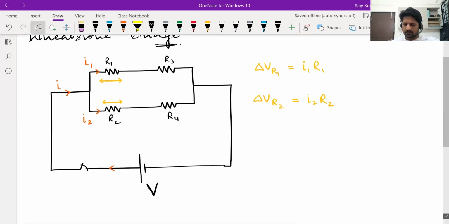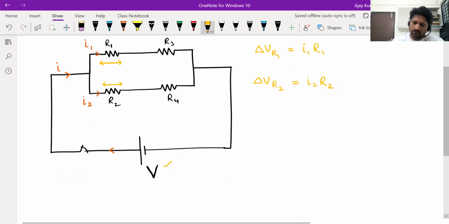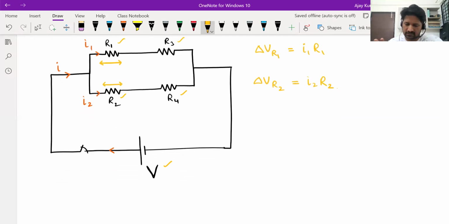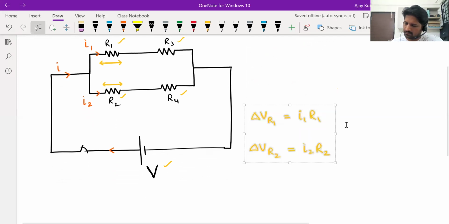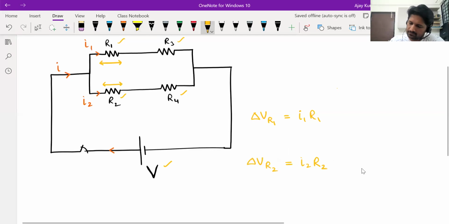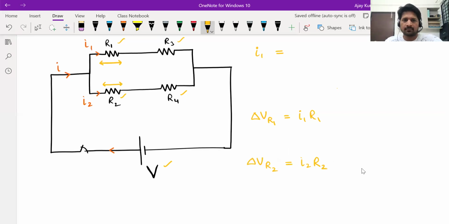Now, assume V is known, and R1, R2, R3, R4 are known. So we know the voltage and the resistances. In terms of voltage V and the resistances, how much is the current I1? V by R1 plus R3.